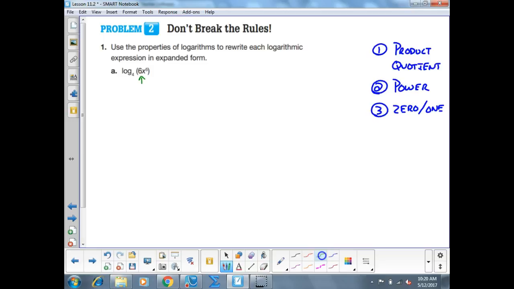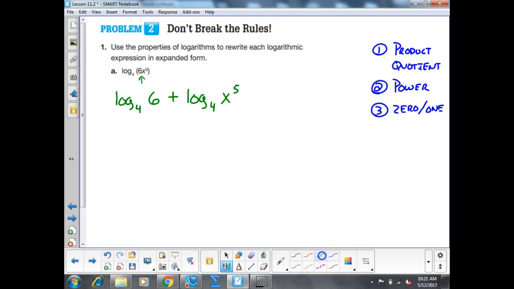So this becomes log base 4 of 6 plus log base 4 of x to the 5th. With me? I took the two things that I'm multiplying, I gave them each their own log, and I'm adding in between them.